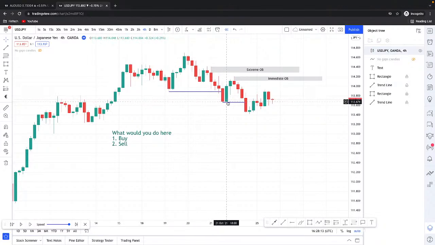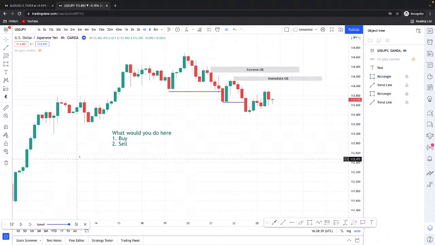At any given point of time, you will have only 2 points of interest. The first break of structure we will call the extreme order block, and the second break we will call the immediate order block. So if you are having more than 2 points of interest, you are doing something wrong. There's something lacking in understanding. So just keep that in mind.